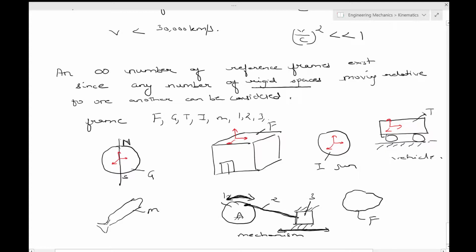Similarly for a rocket, and for each one of them you can draw anywhere. There are 3 reference frames in this one. Similarly, you will have i, j, and k, 3 unit vectors.